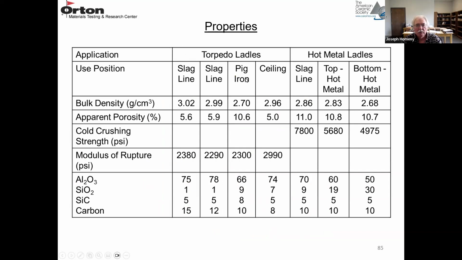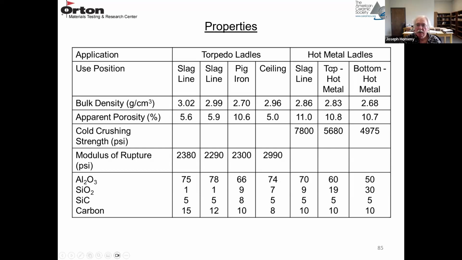And there's different positions in these ladles. So these are zones. So there's different refractory compositions in different locations. So this is a slag line location. This is a location that's in contact with the iron. And this may be the sealing of the torpedo ladle. And in the hot metal ladles, you have a slag line.